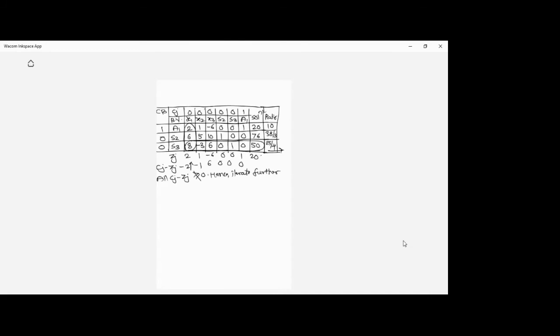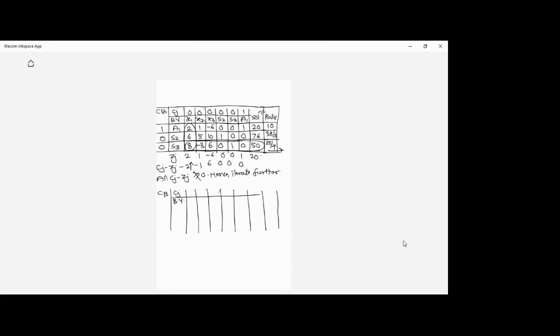So here we have CB. Next, we have Cj and basic variables, that is x1, x2, x3, s2, s3. Then we have a1 and then solution, right?